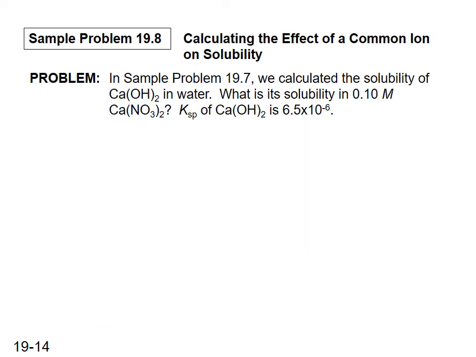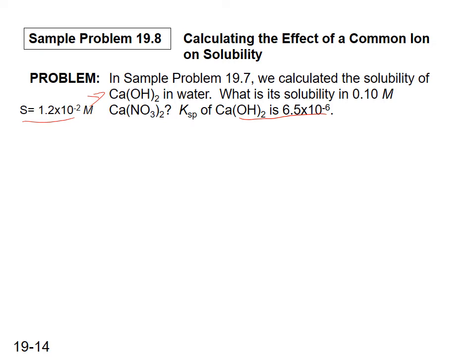Sample problem 19.8. In sample problem 19.7, we calculated the solubility of calcium hydroxide in water. Remember, we used the Ksp, set up a reaction table, assumed solubility is s, and solved for the solubility, and the answer was 1.2 times 10 to the minus 2. So that's the solubility we solved in 19.7 for calcium hydroxide.